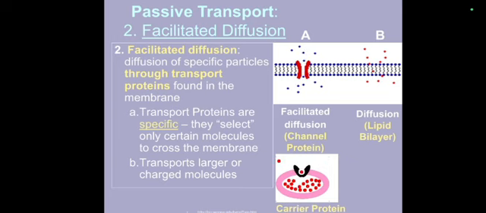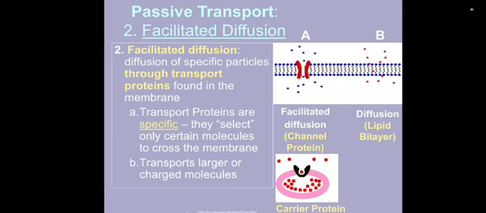They select only certain molecules to cross the membrane. These carrier proteins in facilitated diffusion transport larger or charged molecules.